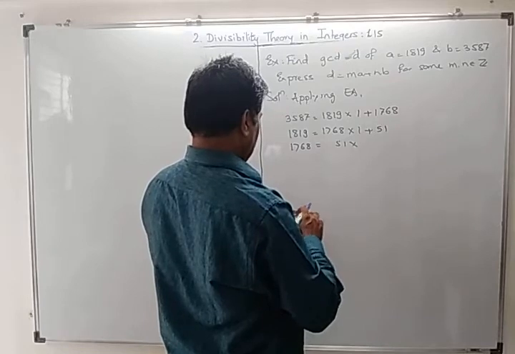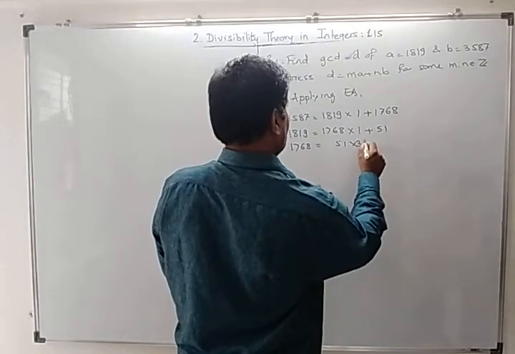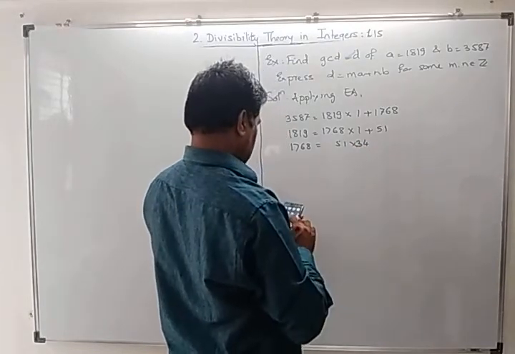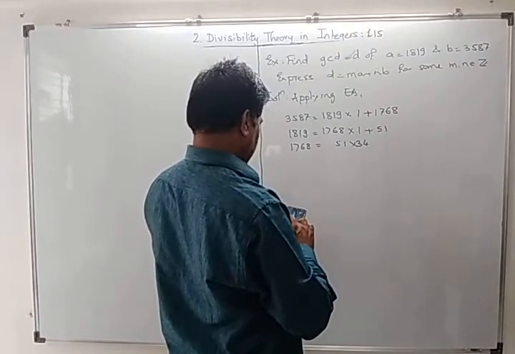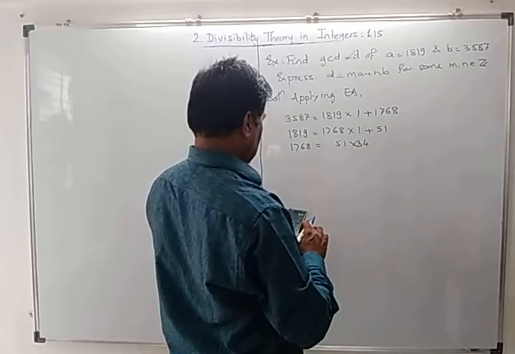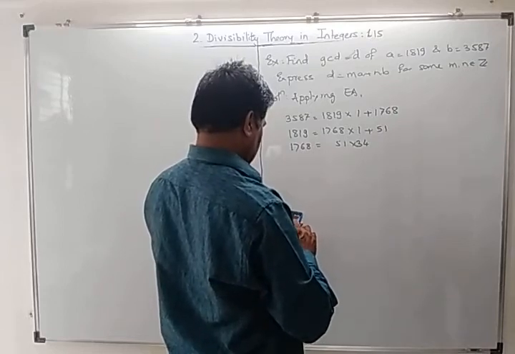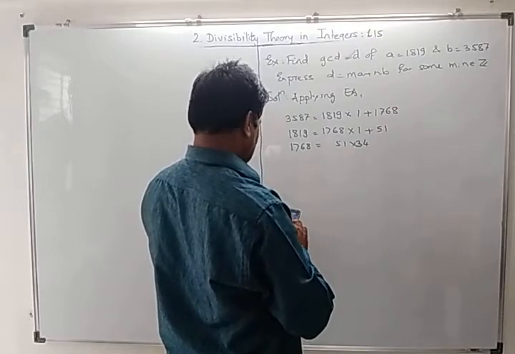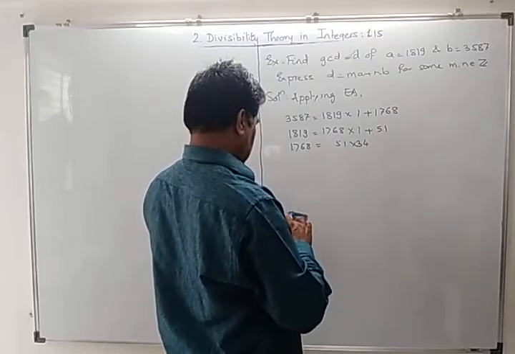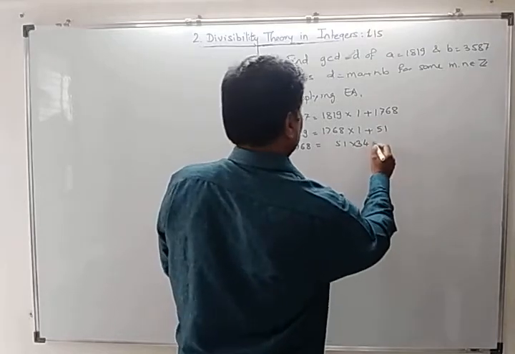So we will get 34.66, meaning 34. So 51 into 34, we are getting 1734, and 1768 minus 1734, we are getting 34.